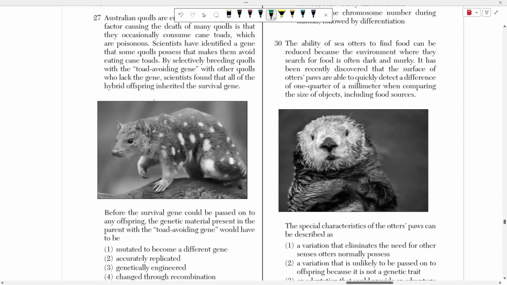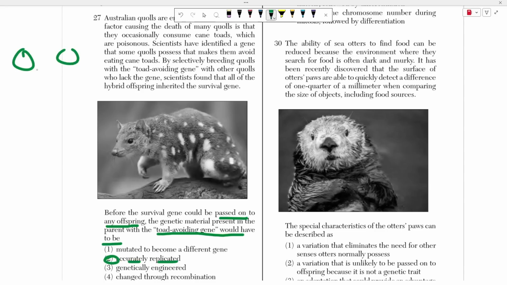Well, they're pretty much asking you, how did this toad-avoiding gene come about? And it had to be accurately replicated, right? So before the survival gene could be passed on to any offspring, the genetic material present in the parent with the toad-avoiding gene would have to be accurately replicated, right? Replication and sexual reproduction requires sperm and eggs, right?